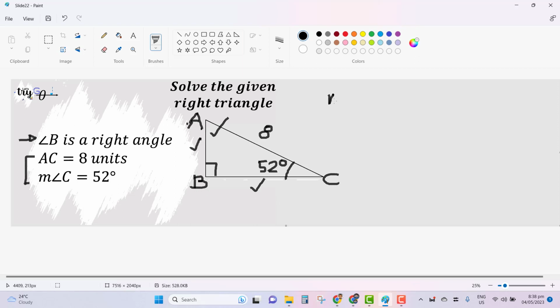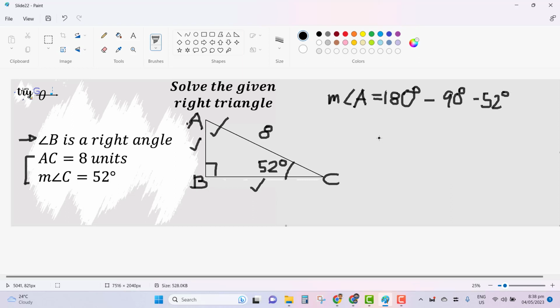Let's start with the measurement of angle A. Since we know that this is already 52 degrees and this is 90, we can use the triangle angle sum theorem to solve for the remaining angle. That's 180 degrees minus your 90 degrees, which is this, and minus 52 degrees.